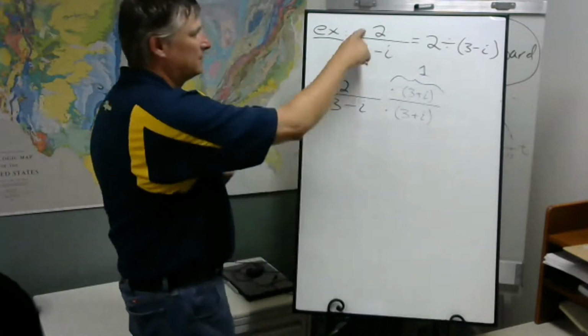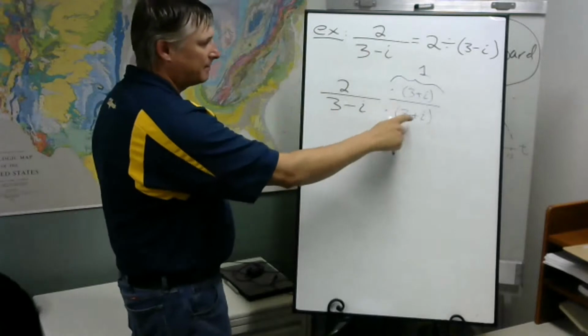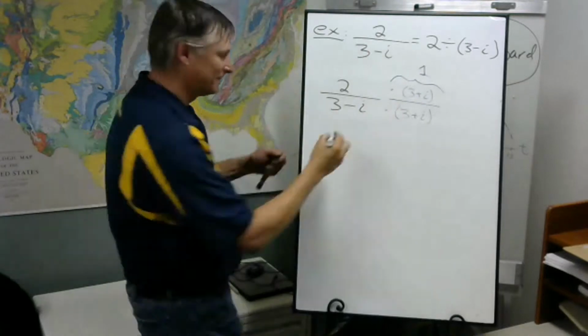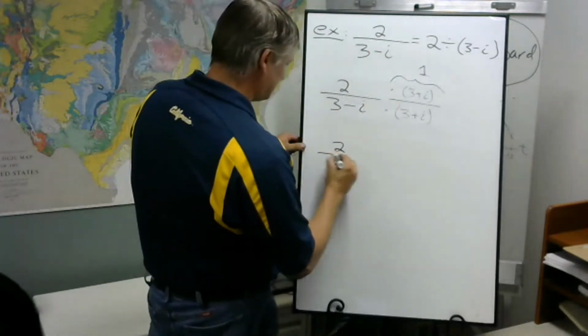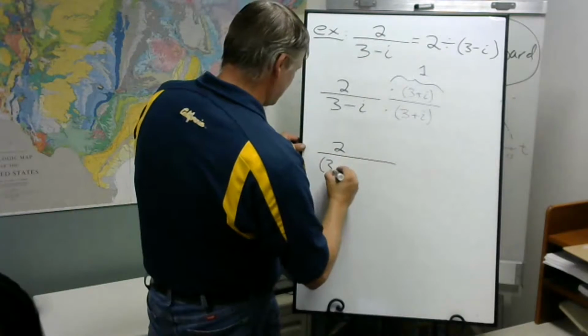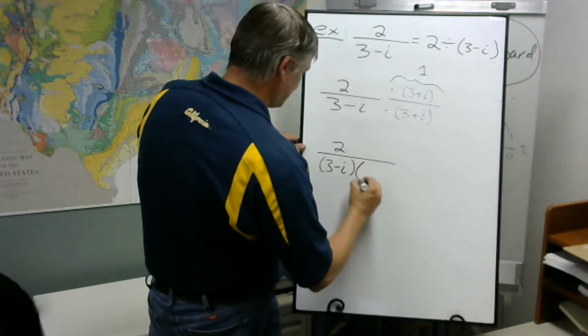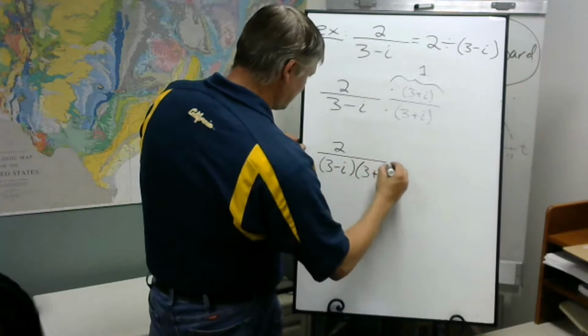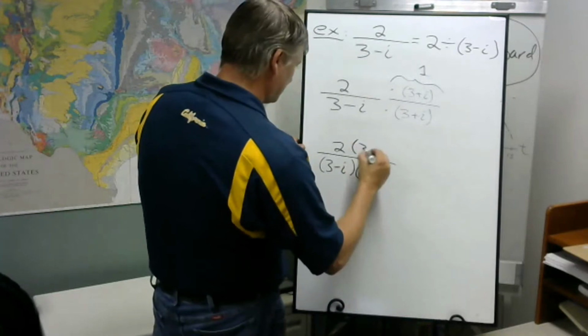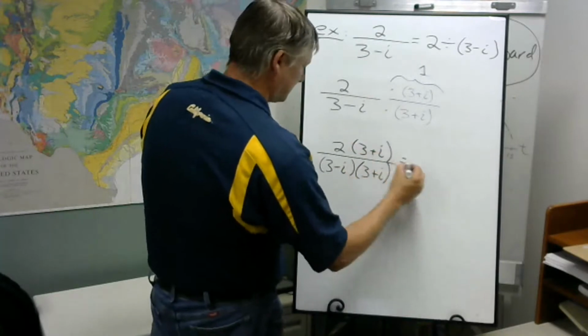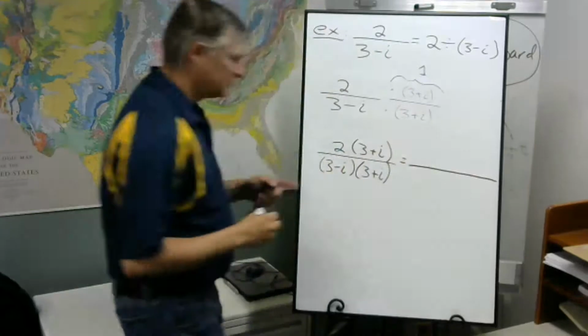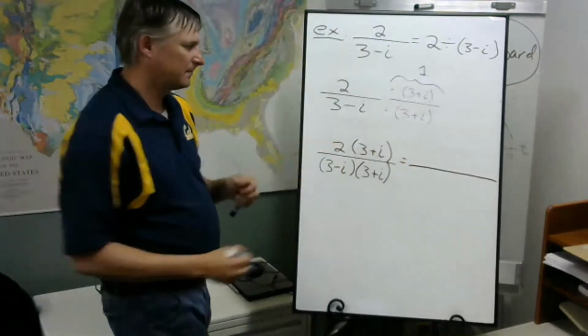The way we do this, multiply top and bottom by the complex conjugate. So we just distribute the 2.